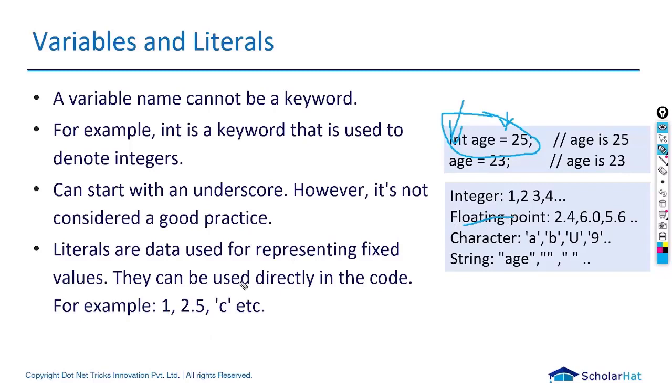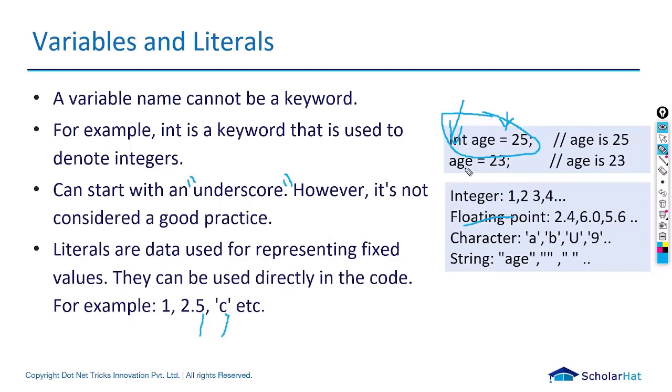When you write c in single quotes, that means it is a character. When you write in double quotes, that is a string. A string is just a word. If I write underscore in double quotes, that is a string. We already saw that in the Hello World program, right?